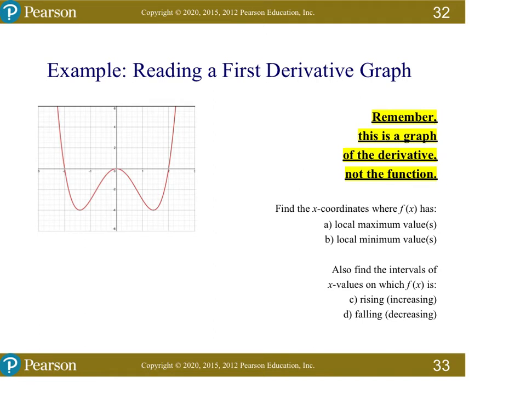All right, so we have determined, find the x coordinates where we have a maximum. The x coordinate where we have a maximum is x equals negative 2. The minimum we determined is x equals positive 2. Therefore, between that max and min, we should be able to find the intervals of the x values on which the function is increasing and decreasing. So it will be rising or increasing every time it's above the x-axis, every time the derivative is positive.